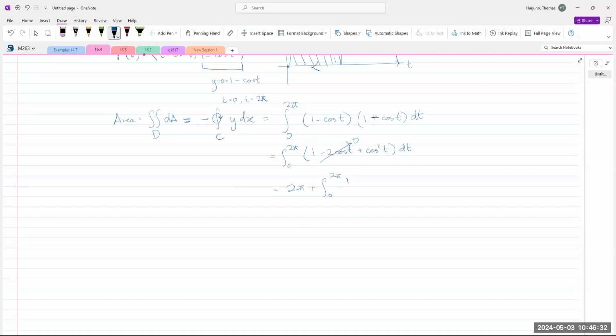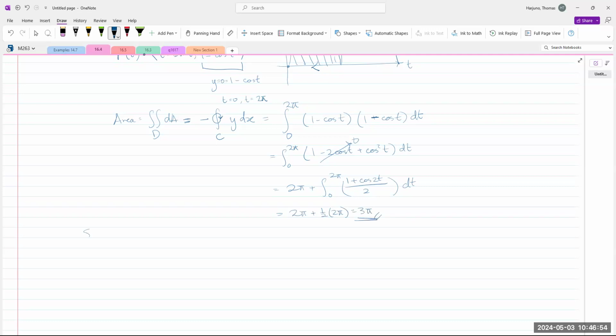Cosine squared t is 1 plus cosine 2t over 2 dt. So that's another pi. That's the area under that.